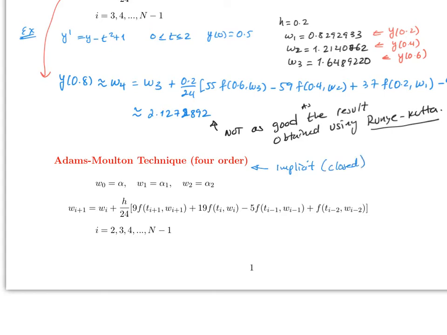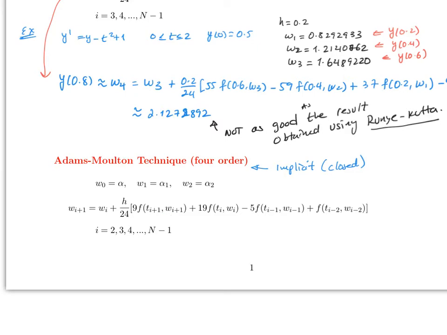Again, the main feature of implicit means that you have w_{i+1} on both sides. So before you can apply the technique, you have to simplify and combine these two into one, and then from there you will get a new method.